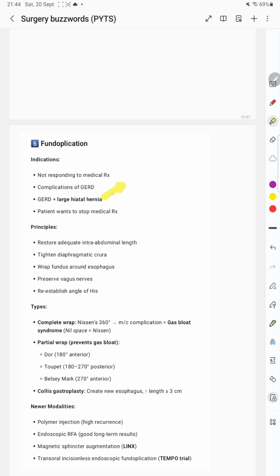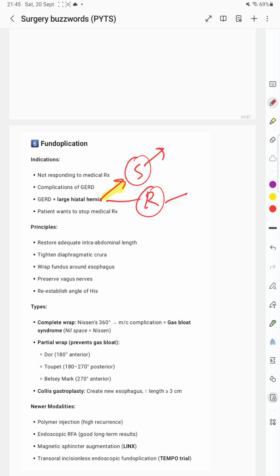We remember that we did last time, that was sliding and rolling. Rolling was always surgical management, and sliding only if it is large and symptomatic do we do surgery. So large hiatal hernia plus GERD, we go for fundoplication, and also those patients who want to stop the medical treatment. So what is the principle behind this surgery? We have to restore all those LAP protective factors.